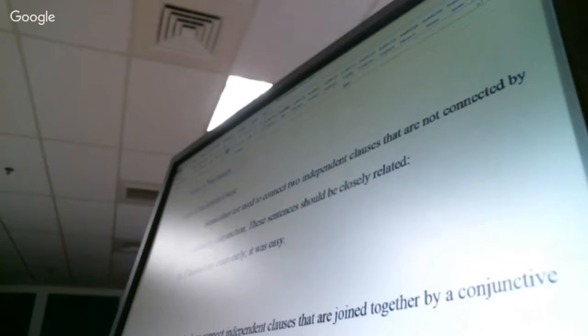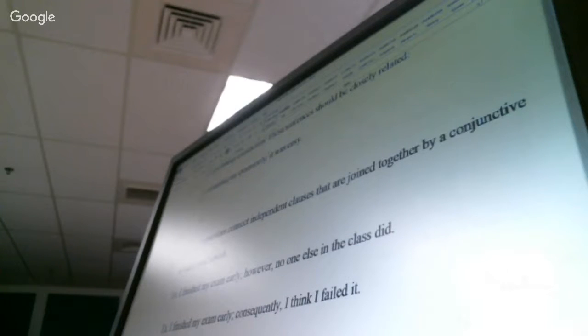A semicolon separates 2 independent clauses. So if I've got a short independent clause here, I finished my exam early, and I've got another independent clause here, it was easy, that semicolon can separate those 2 independent clauses. I can do the same thing with the transitional words, or what we call conjunctive adverbs, where I have my independent clause here, and then my other independent clause here, but I use a transitional word to connect them together.